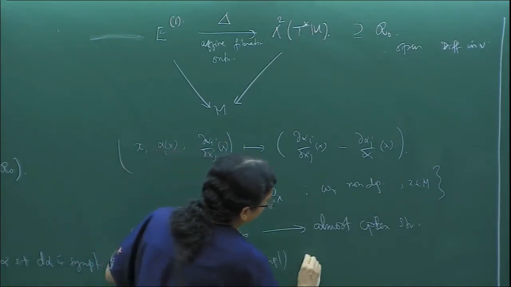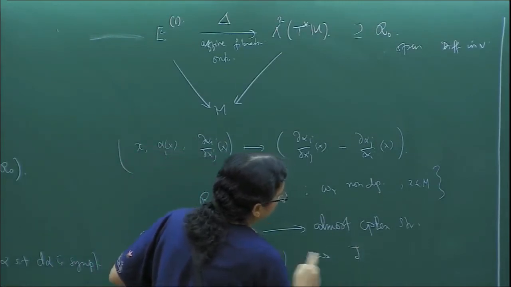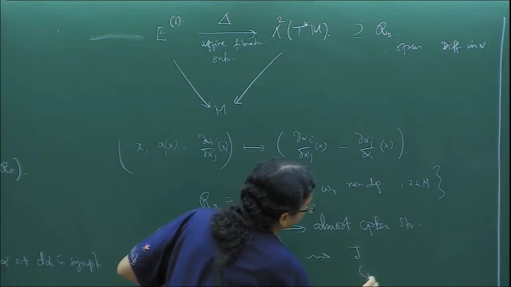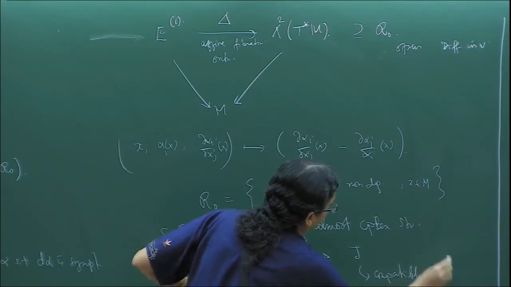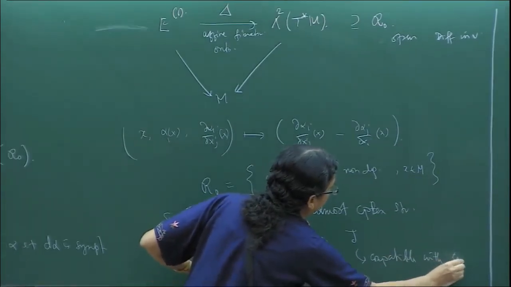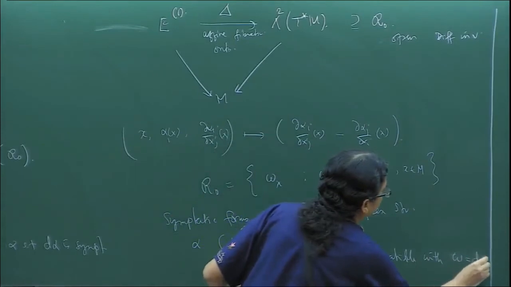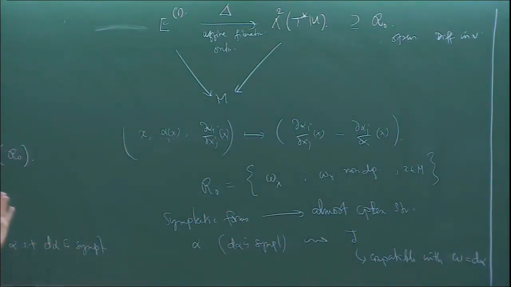And corresponding to D alpha, we get an almost complex structure which is compatible with omega equal to D alpha. Then at least at the pi 0 level, they are equivalent. So now you can see that if there is a manifold where you have found an almost complex structure, you know a priori, then that manifold will admit a symplectic form. It's the converse, provided your manifold is open.